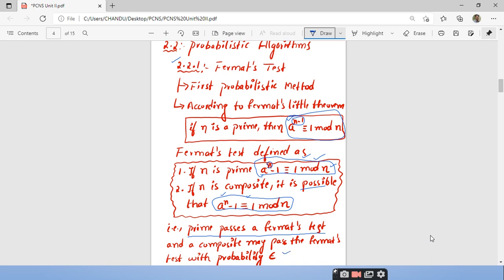That is the reason why we categorize this Fermat's test under the probabilistic algorithms. If n is composite, with this probability epsilon, it is going to pass the Fermat test. Is it clear?